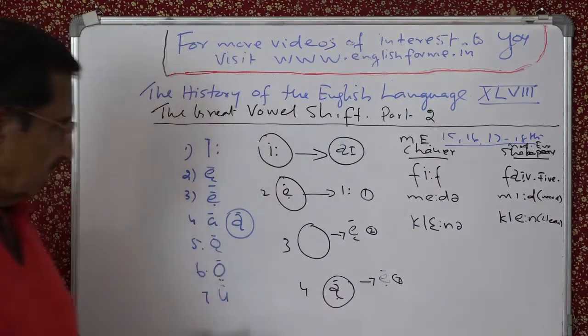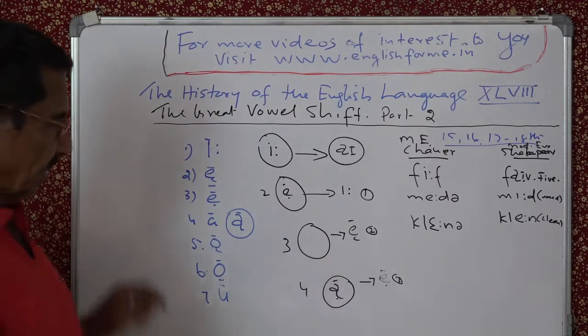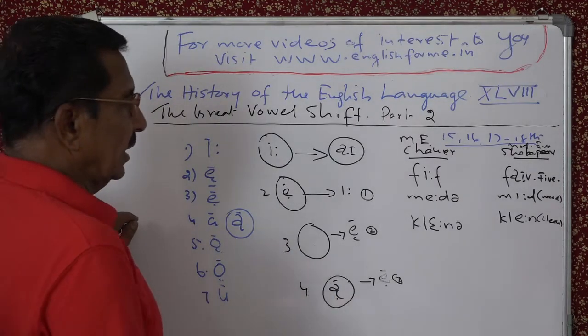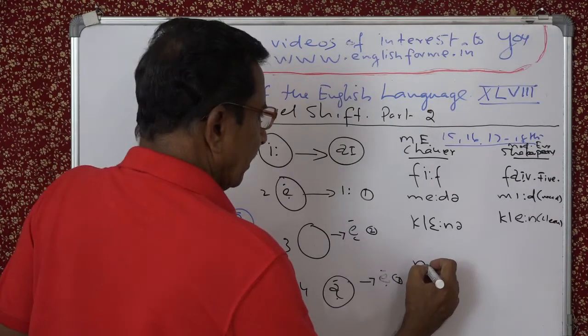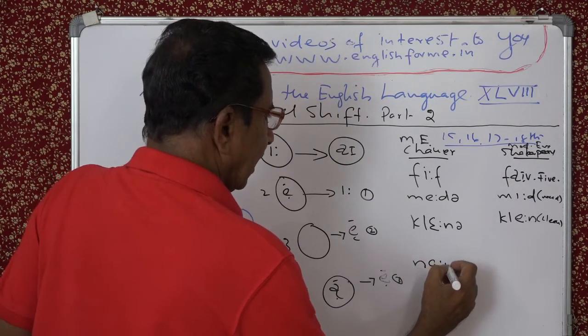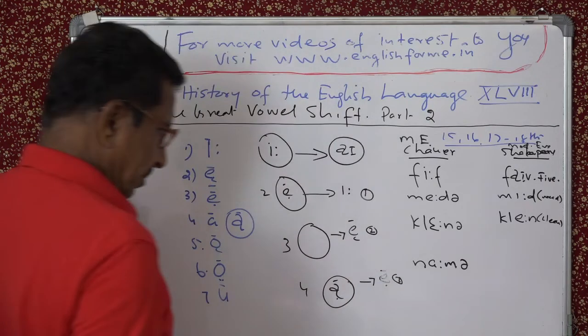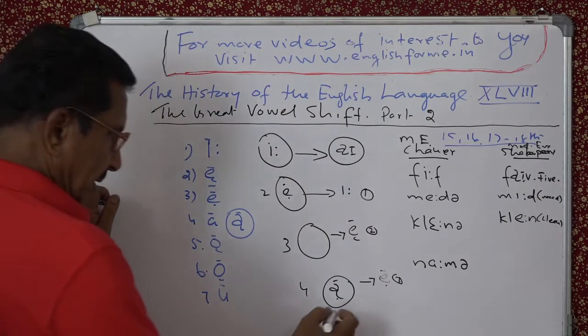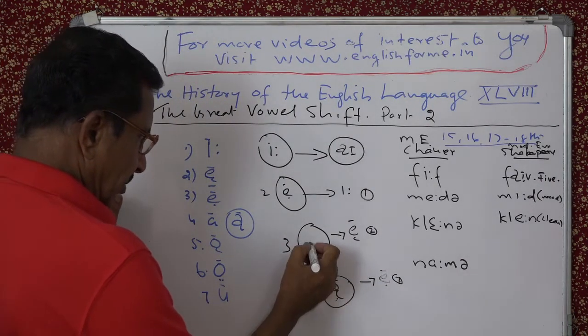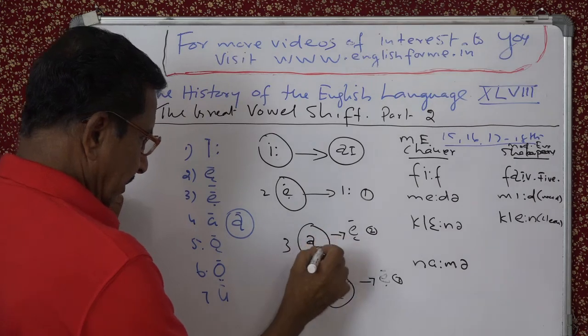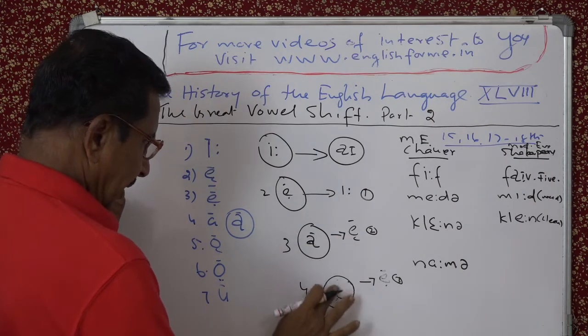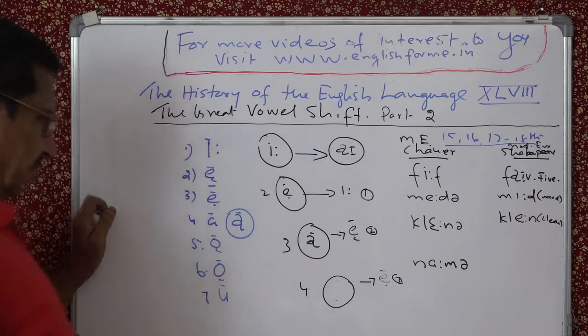So now what happens is, fourth one, name. Name means name. See? So what happens? This shifted to here. Can you see this? Now fourth is not here, only 3.